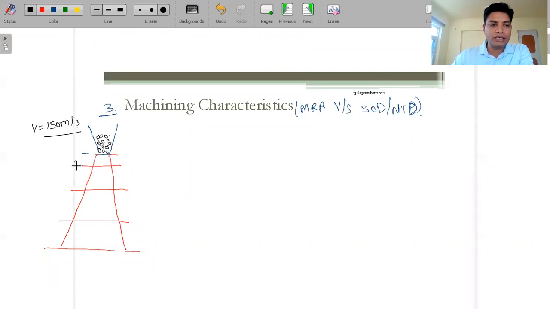This is the first case, where we assume that below this is the workpiece surface. First we are considering this one, only this much distance. Just assume that this is SOD1, the standoff distance 1, which you can consider to be in the range of 0.7 mm to 1 mm.